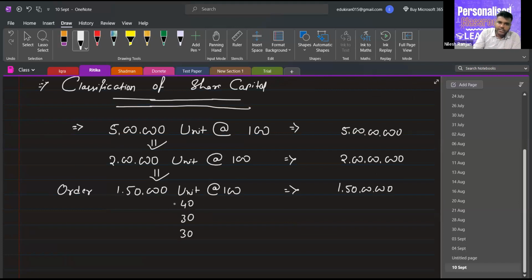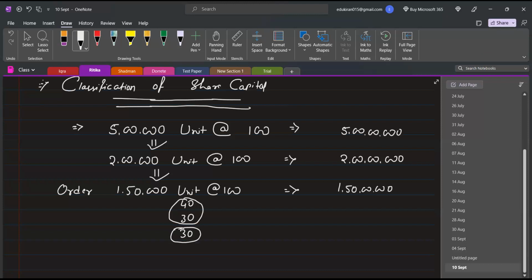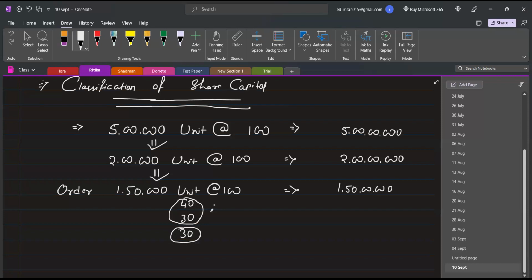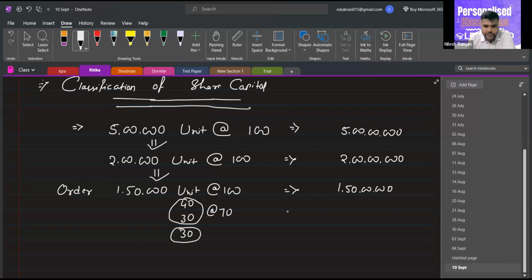So the first two are already demanded or asked by the company from its customer, and the last 30 rupees is not yet asked. Okay, sir. So in total, how much money have we asked from our customer? 70 rupees. So at the rate of 70 rupees, it is 1 crore 5 lakh.